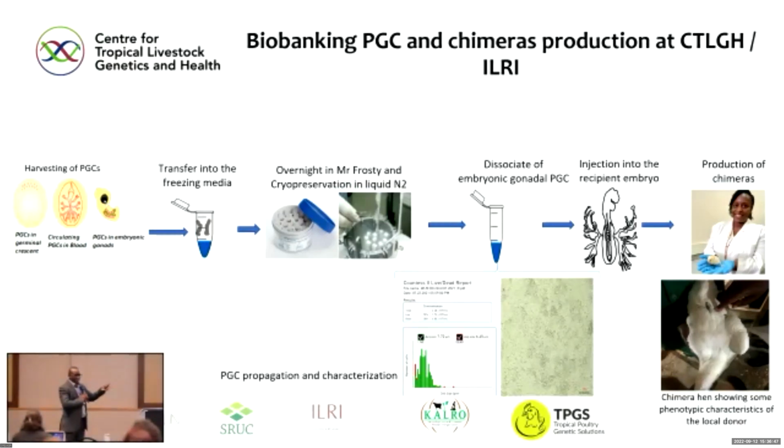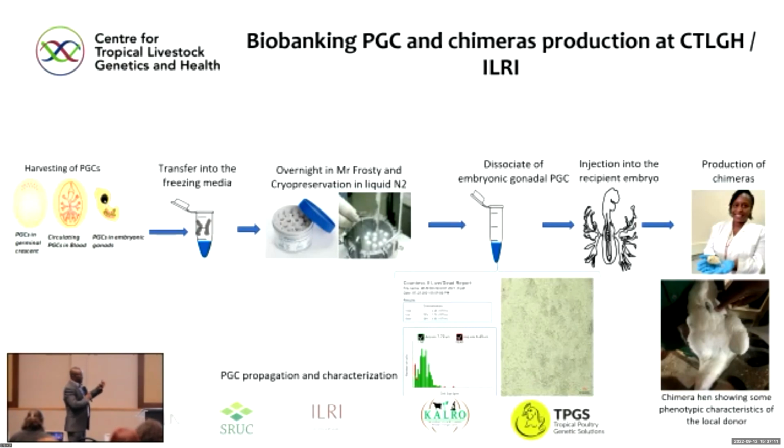We have the backup at the country level, of course, but we also have part of it at ILRI in our biorepository, and we re-inject them into any host. We are using the white leghorn as host currently, and we can recover them whenever we want.